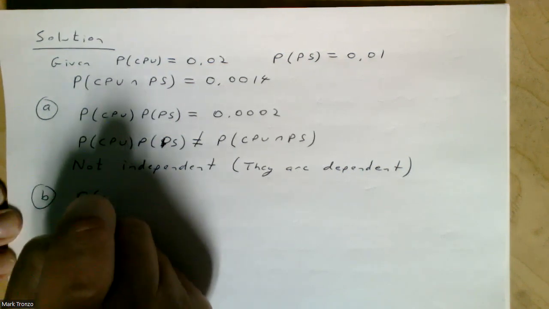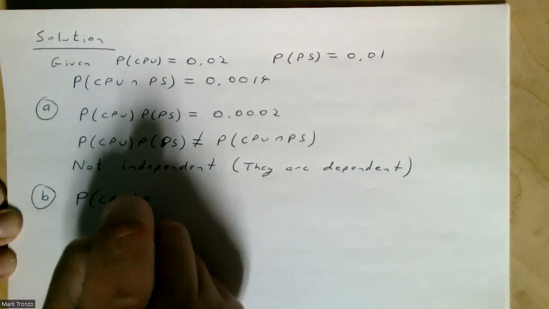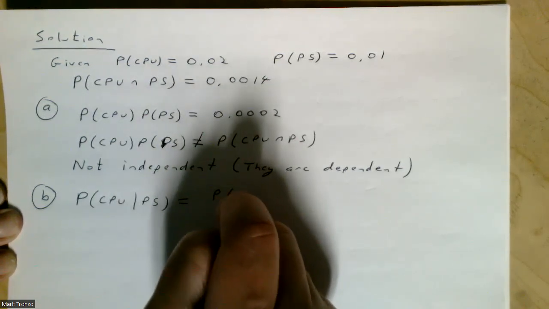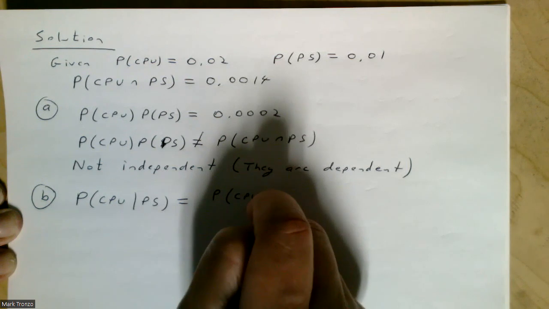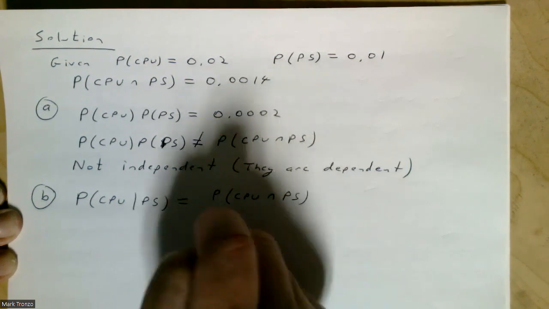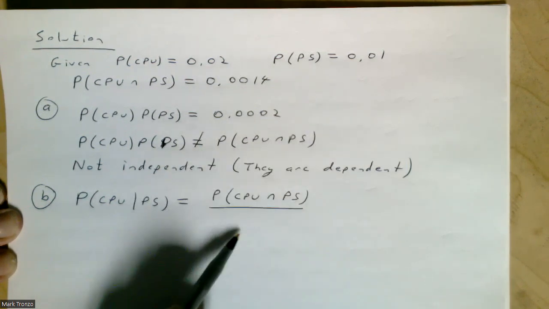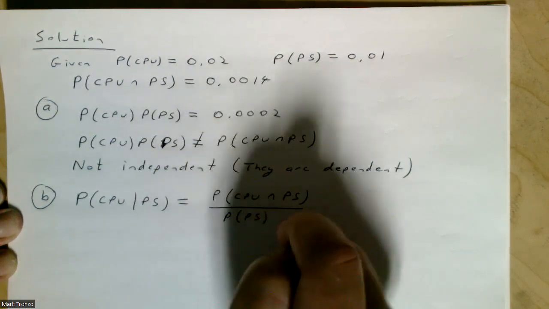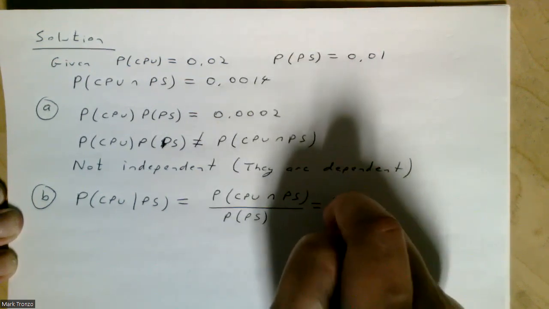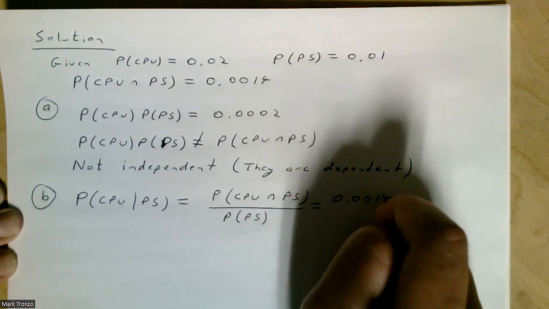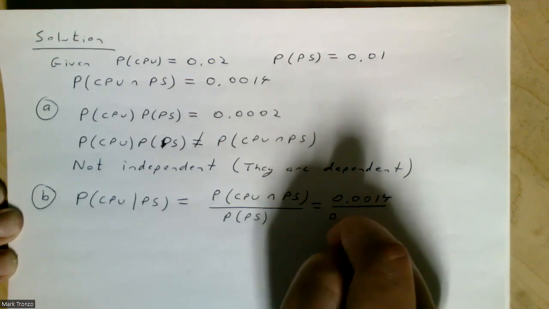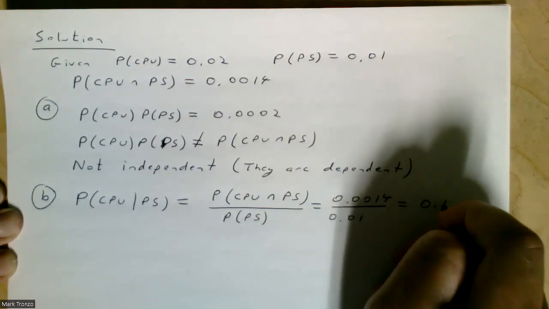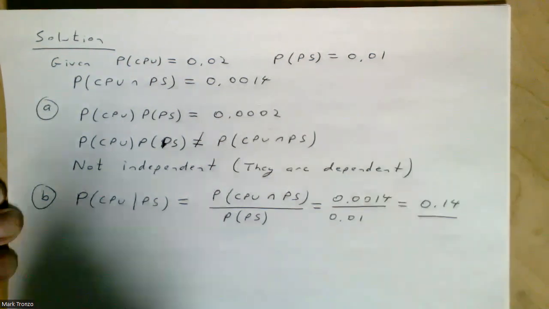The probability of CPU given that the power supply has failed is going to be the probability of CPU intersection power supply, divided by the probability of power supply. That's going to be 0.0014 divided by 0.01, and put that in your calculator, you get 0.14.